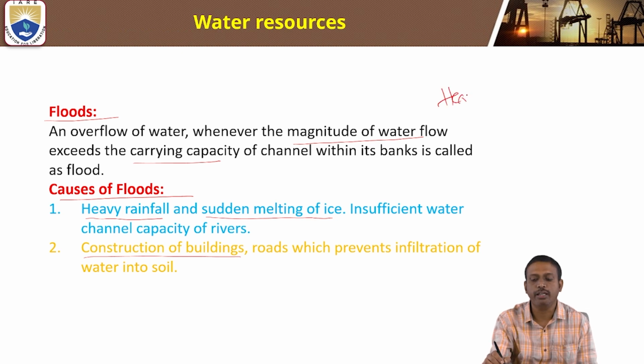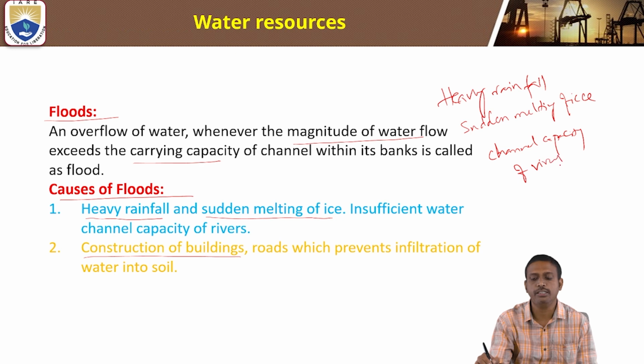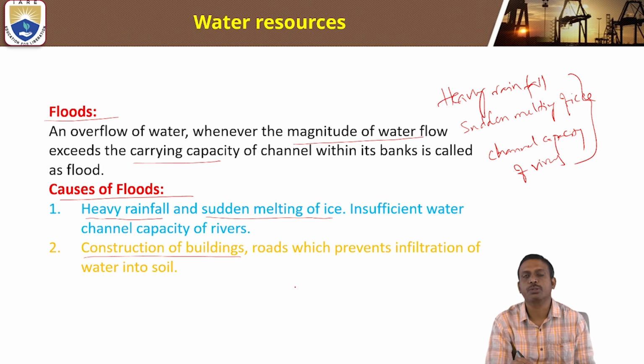Heavy rainfall leads to flood, and so do sudden melting of ice and insufficient channel capacity of rivers. Construction of buildings and roads, which prevents the infiltration of water into the soil, also leads to floods.